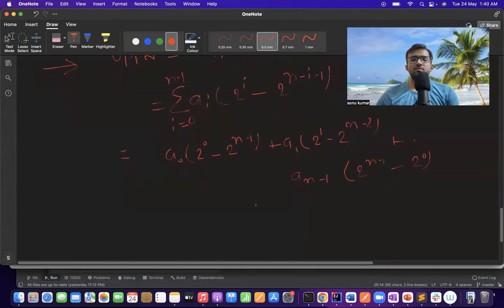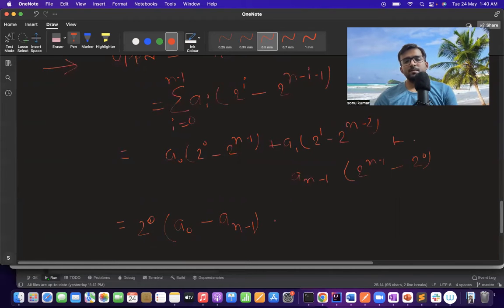Now just do one thing: take 2 raised to power 0 common. Once you take it common, from this factor we have a0, and where 2 raised to power 0 is present here, a n minus 1 will come. Similarly, we take 2 raised to power 1 common: here a1, and from the term before, 2 raised to power 1 with a n minus 2 will be there.